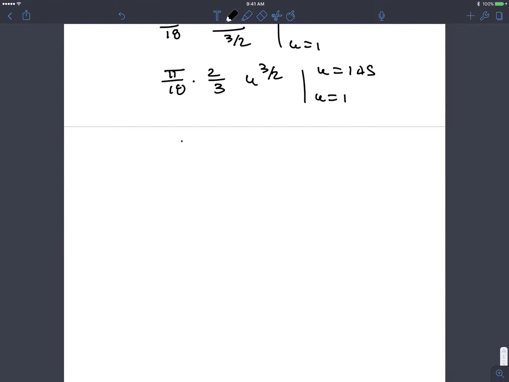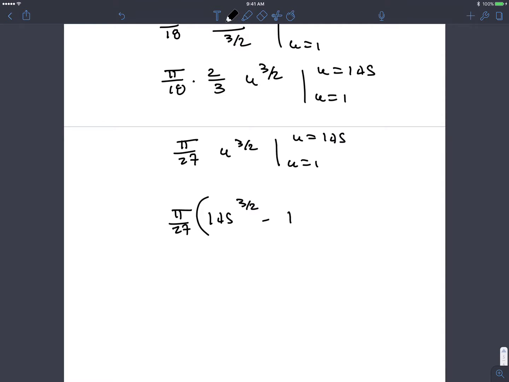So it looks like I get pi over 27. Double check. u to the 3 halves, 145. Now I get pi over 27, 145 to the 3 halves, minus 1 to the 3 halves. So I get pi over 27 times 145 times the square root of 145 minus 1.